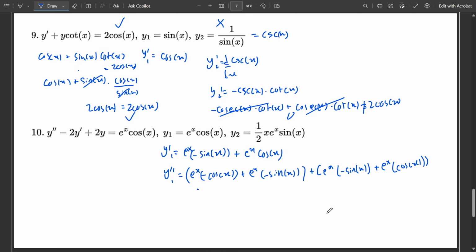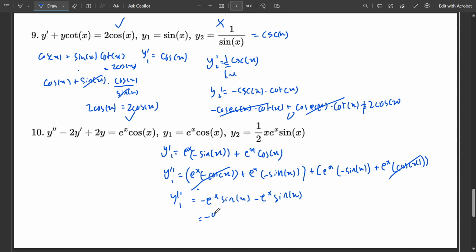Let's see if there's a like term. Well, negative cosine. Oh, as we can see here, this and this can cancel out. So y double prime equals negative e to the x sine of x minus e to the x sine of x.